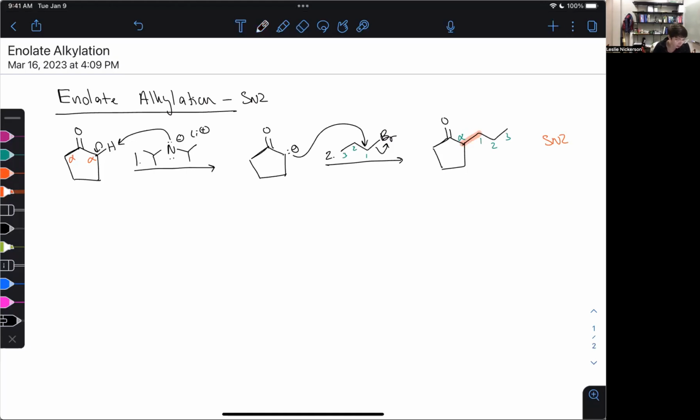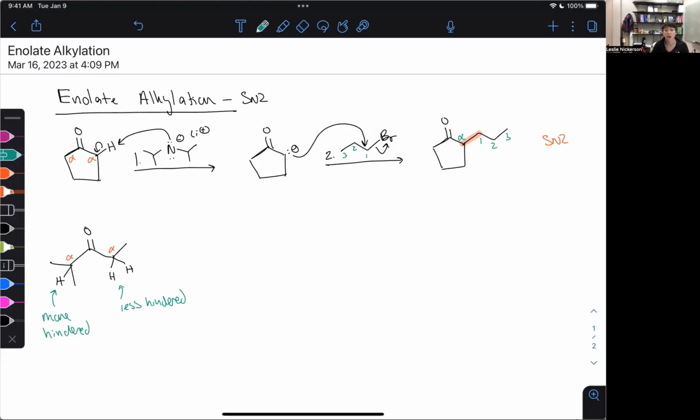Alrighty, so let's look at another example. Let's take a more complicated ketone here. Let's look at this one. In this situation, I again have 2 alpha positions, but they are no longer symmetric. I've got one situation where this H is definitely more hindered, and these ones are less hindered.